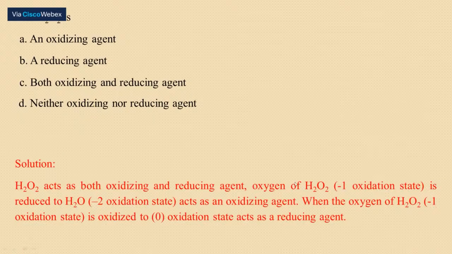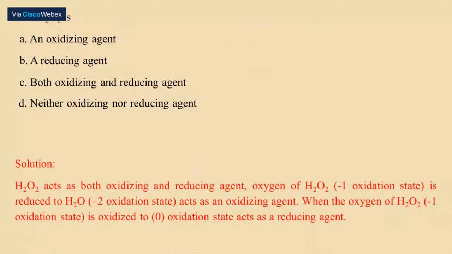if you are going to reduce hydrogen peroxide to water, then our oxygen is undergoing reduction, that is from -1 to -2. That is the decrease in oxidation state, which is also called reduction.